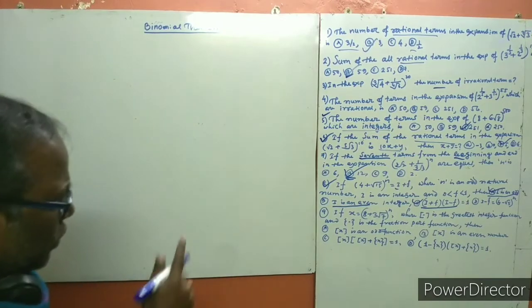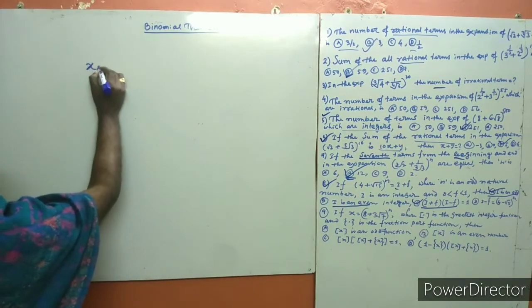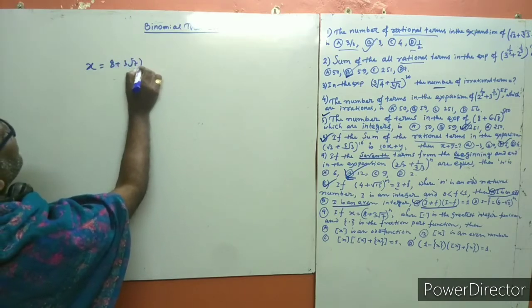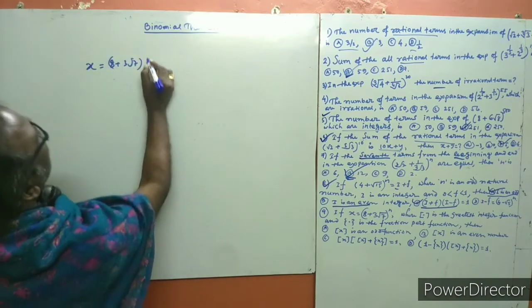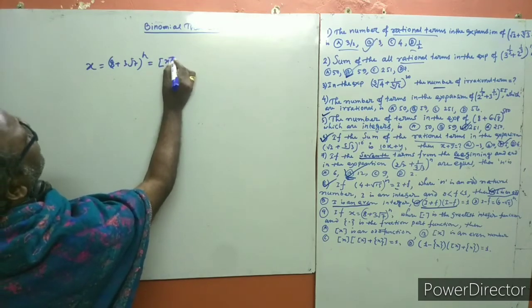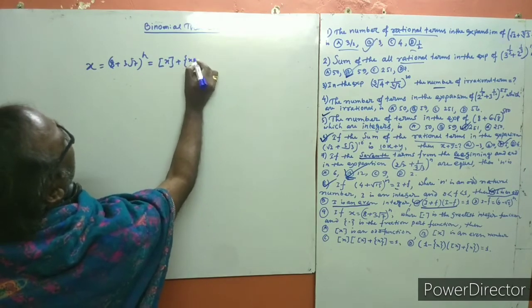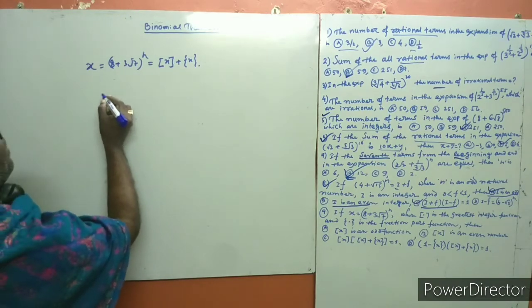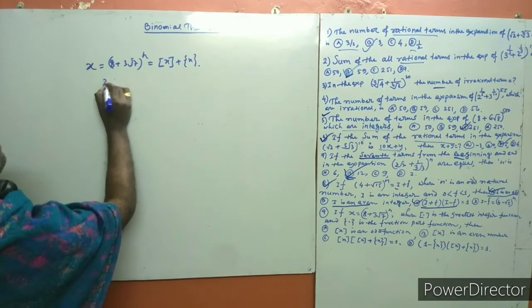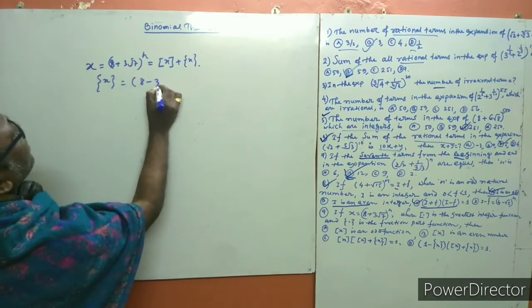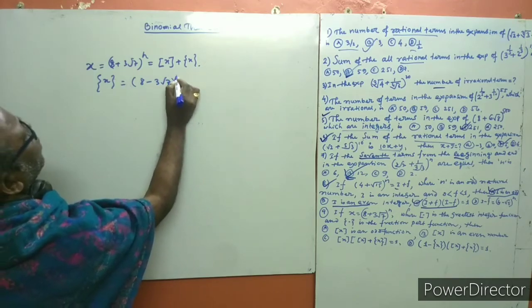You are given x is equal to (8 plus 3 root 7) to the power n, and let us assume a fraction that is equal to (8 minus 3 root 7) to the power n.